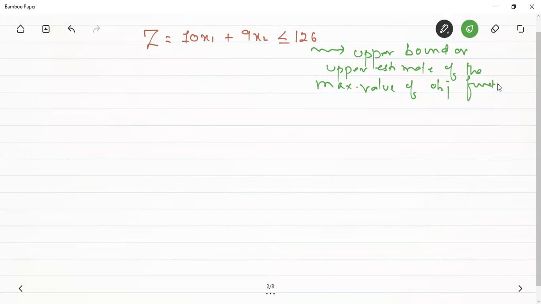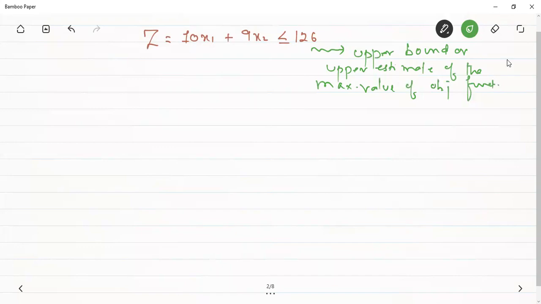It means that the objective function can be less than or equal to 126. It can be 126, 125, 190, but it can't be 127, 128. It can't be any value greater than 126. It is a rough upper bound, obtained when we multiplied the first constraint by the number 6.